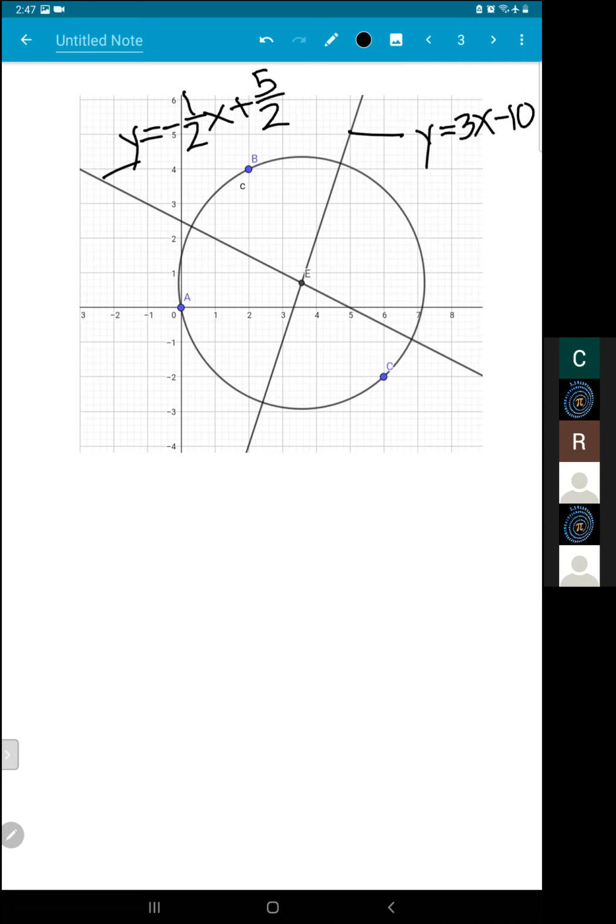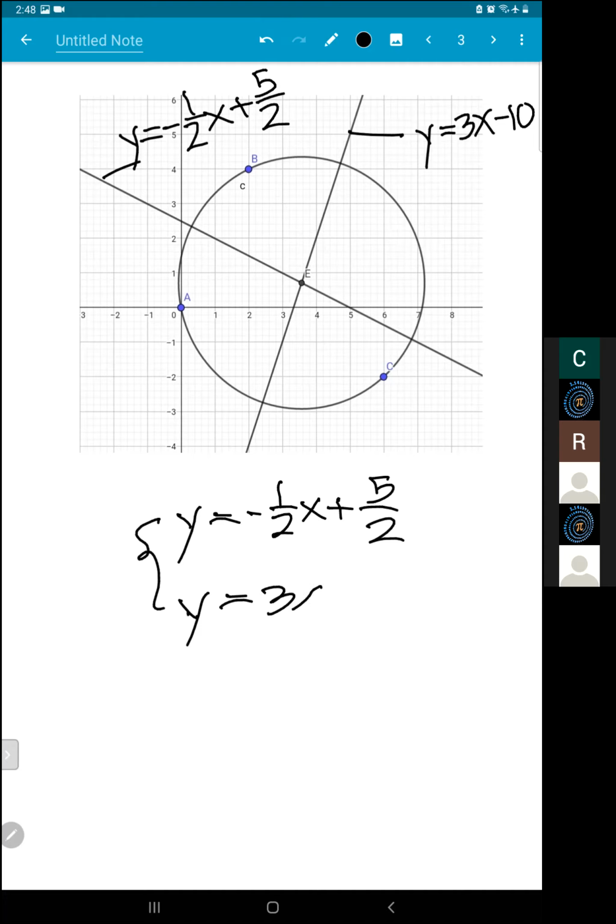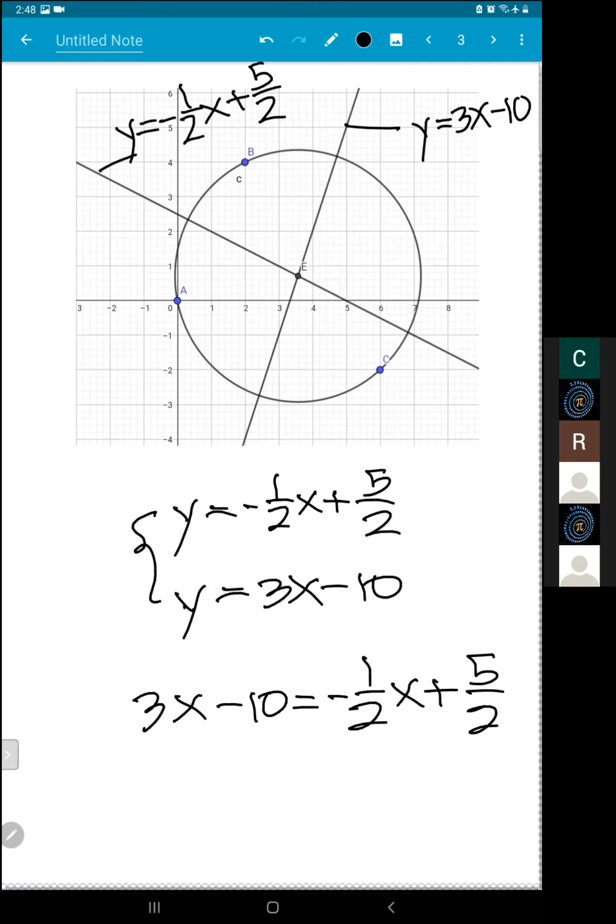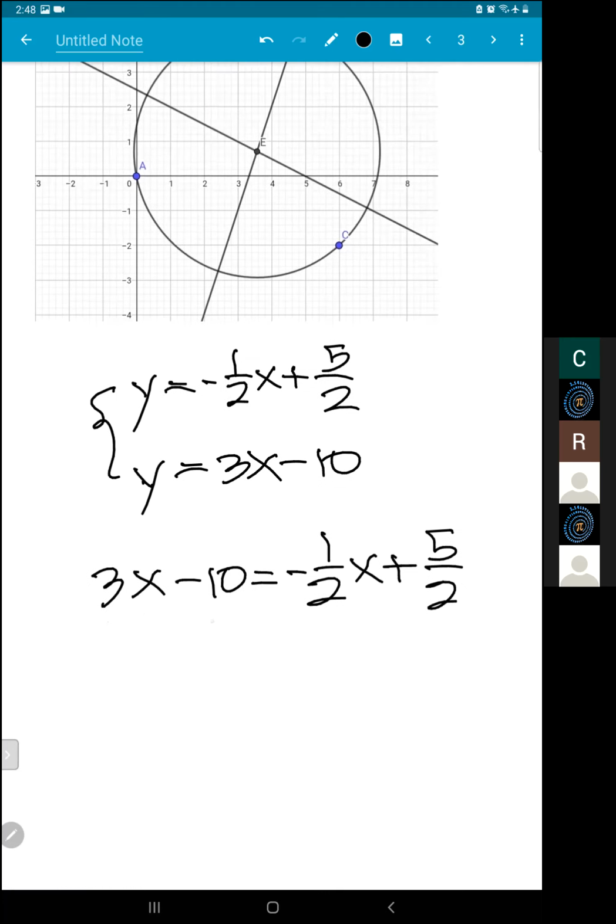And then the intersection of the two lines will be the center since they both pass through the center. And you just have to equate it. Multiply by 2 both sides to get rid of the fractions. Then solve for x.